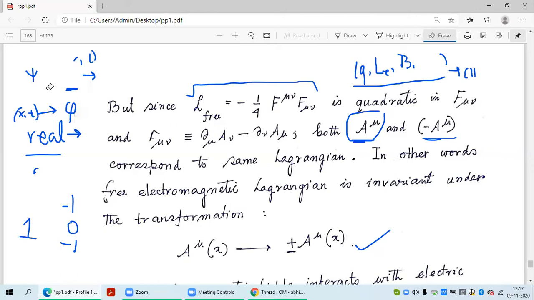We have only intuitively said that since a scalar field doesn't have any sort of structure, it is guaranteed that it will not describe any spinful particle. That comment we have only made. To show exactly that the Dirac field represents a spin half particle, A mu represents a spin 1 particle, we have to do something more. I have not done that yet.